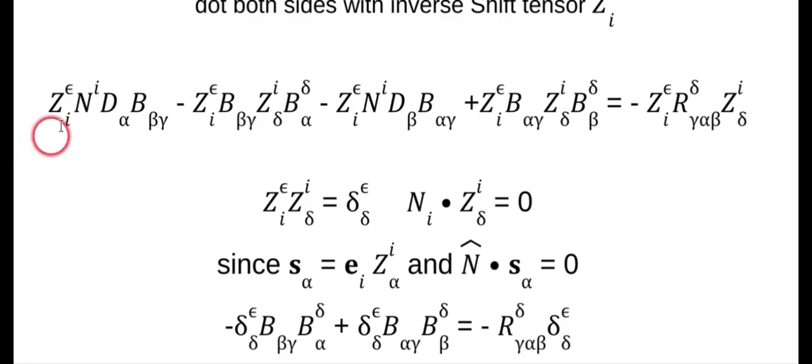But everywhere you see a normal component dotted with a shift tensor, then this applies. So that goes to 0. This one goes to 0. So we're only left now with 3 terms. Okay. Now we can just cancel this from both sides. Like this is gone, this is gone, and this is gone. So now we have an expression between this tensor and these tensors.